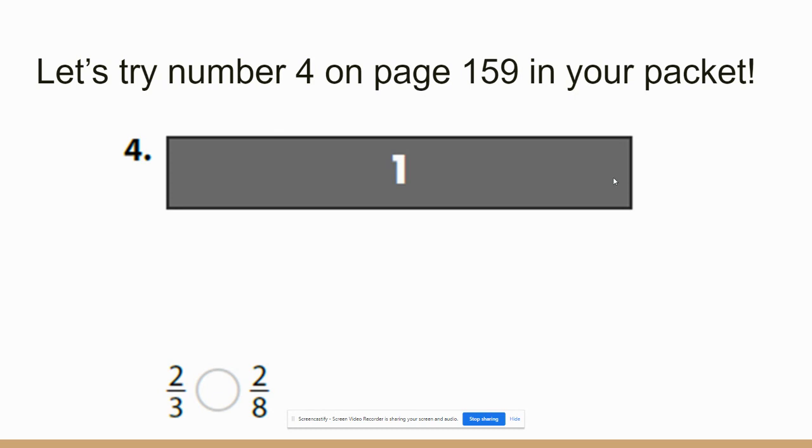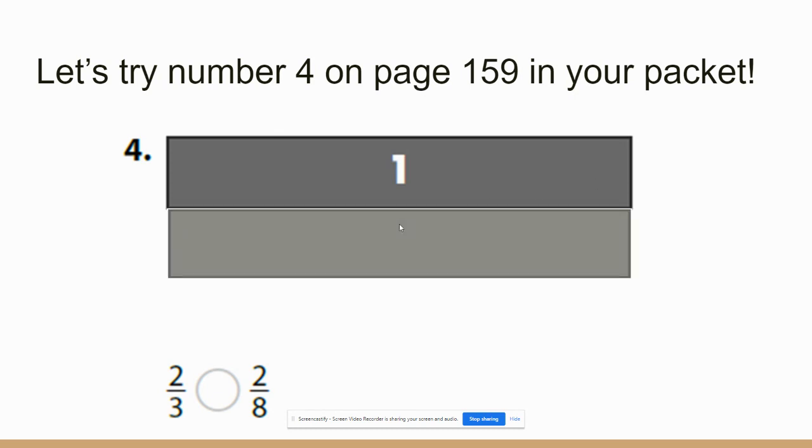What do you think? You said yes, you are correct. So now we're looking at our fraction, and we notice that our denominator tells us how many parts we need to partition our strip. So because we have 3 as a denominator, we will partition our shape into 3 equal parts.